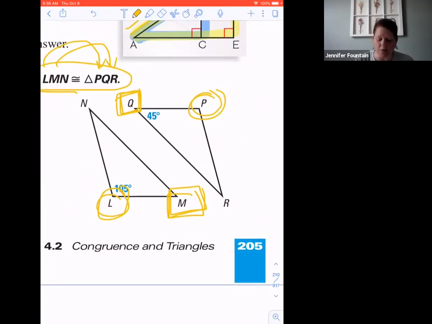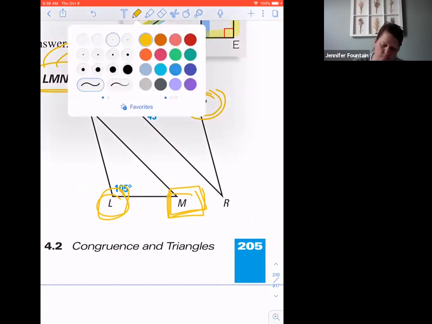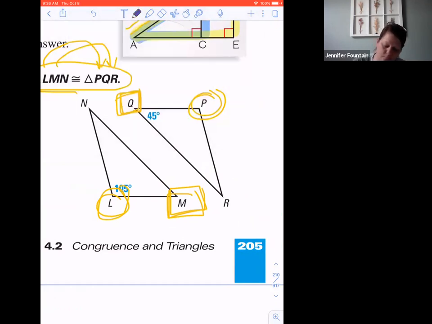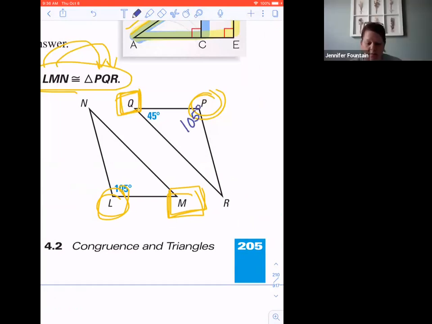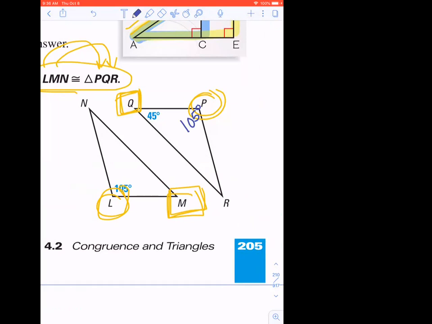All right, so if we know that L and P are congruent, then what is the measure of angle P? It's 105. 105 degrees, good. If angle Q is 45 degrees, what is the measure of angle M? 30.